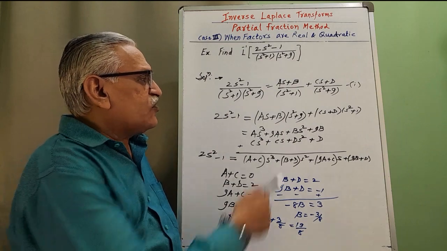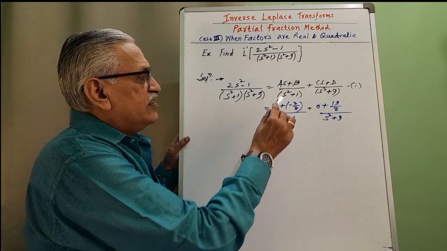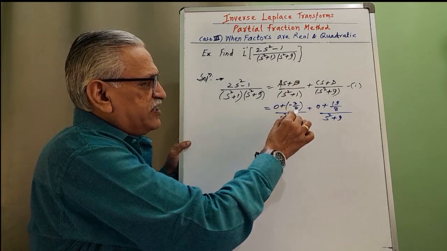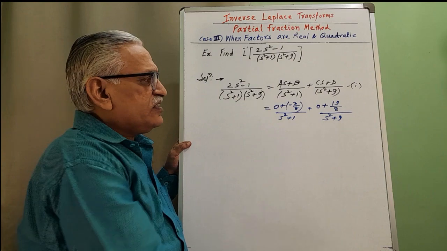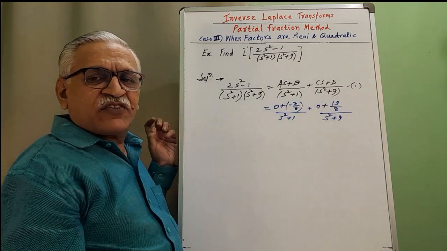Then substituting the values of A, B, C and D in equation 1, we get A is 0, B is −3/8 divided by s² + 1, C is 0, D is 19/8, and whole divided by s² + 9.